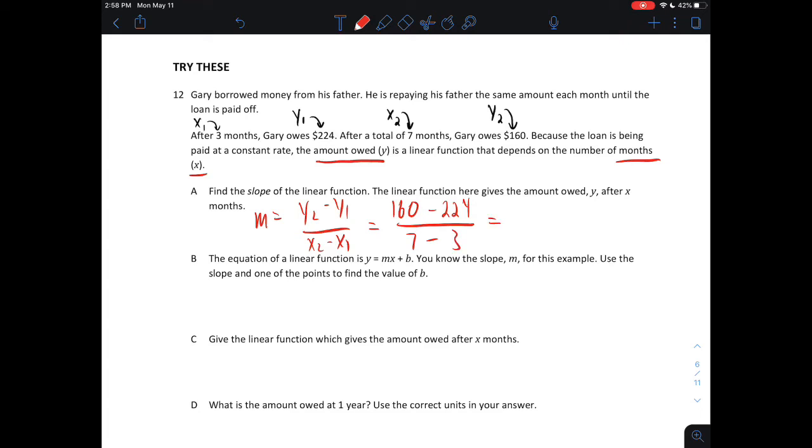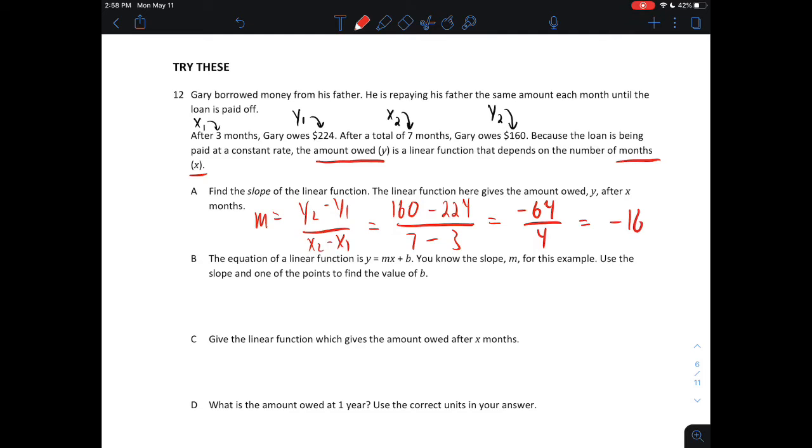All right, so first 160 minus 224. That's negative 64. You can't just ignore the negative. It has to stick around. And then 7 minus 3, that's 4. So negative 64 divided by 4 gives me negative 16.